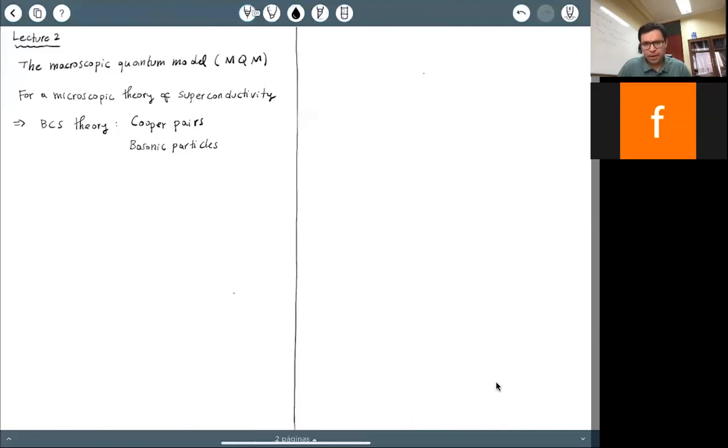Even more, you can also explain the fluxoid or flux quantization when you have a superconducting ring with some external flux. We will see that we can prove that the magnetic flux is quantized.